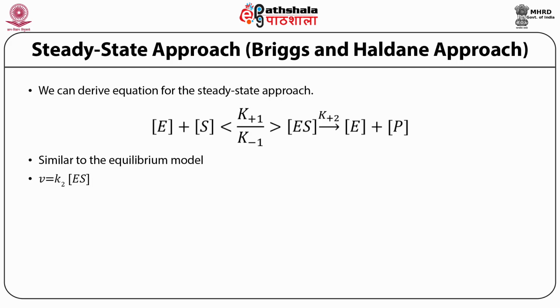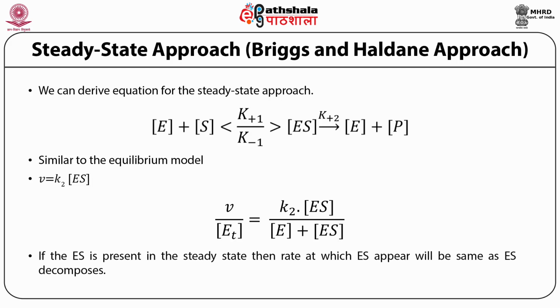And we also know that the total enzyme concentration present is equal to the enzyme which is free plus the enzyme which is present in the form of ES complex. So when you divide initial velocity by the total enzyme concentration, we have the equation V upon ET equals K2 into ES divided by the concentration of free enzyme plus the concentration of ES complex.